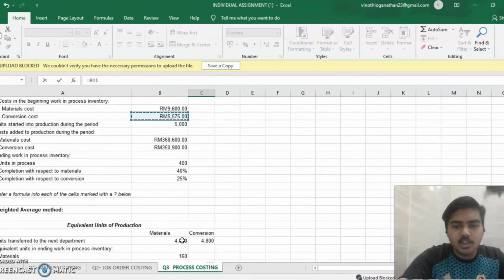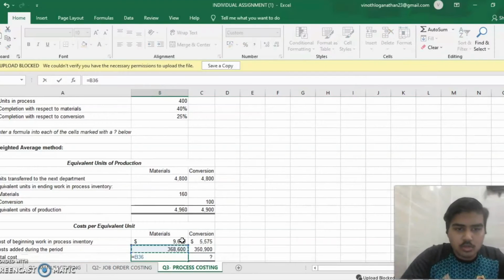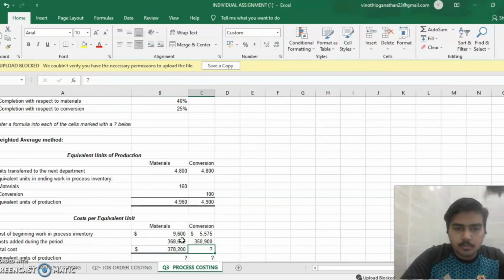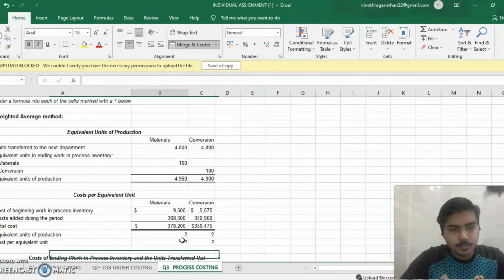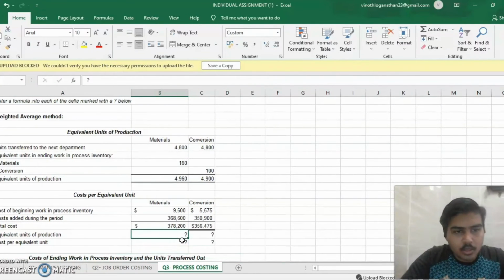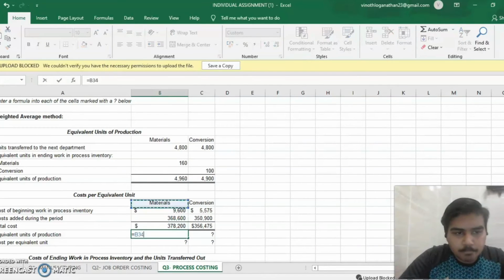This is SB11. So we have this, and then this is the total cost. You should just add both, equals this plus this. Now the equivalent units of production equals this.